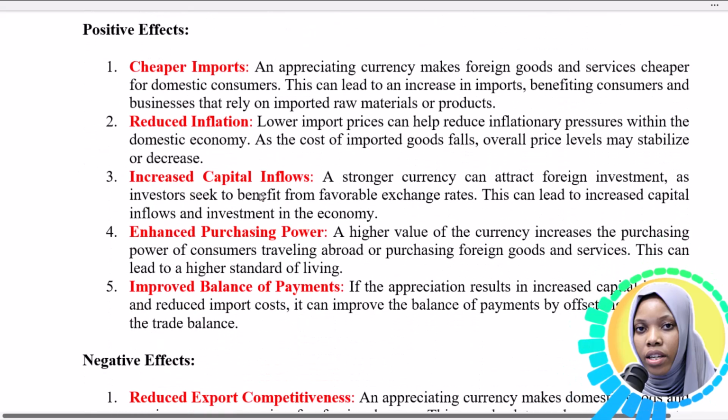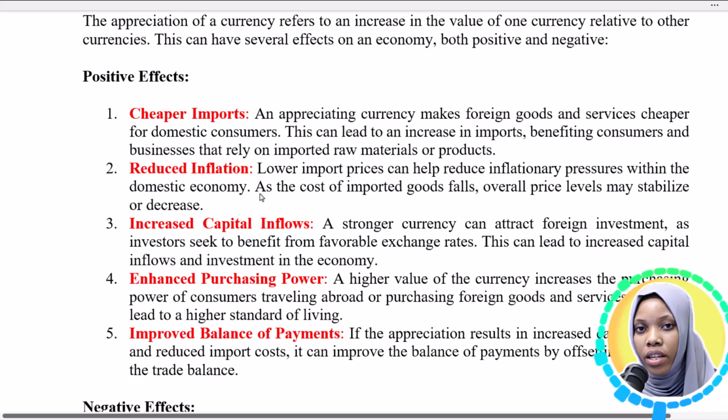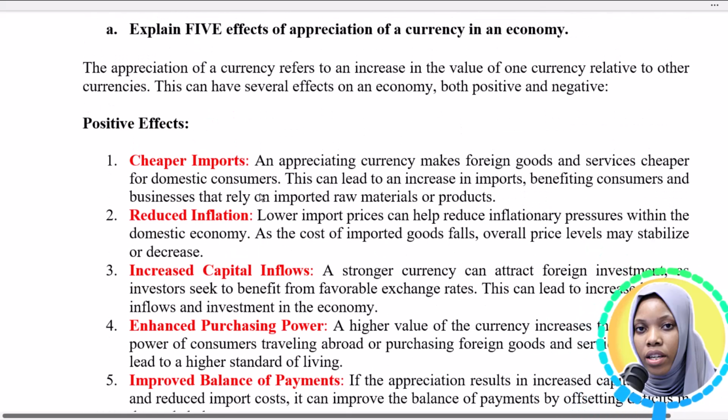And we are beginning with the positive effects. Our first positive effect of appreciation of a currency is imports will be cheaper. An appreciating currency makes foreign goods and services cheaper for domestic consumers. That's our first positive effect.